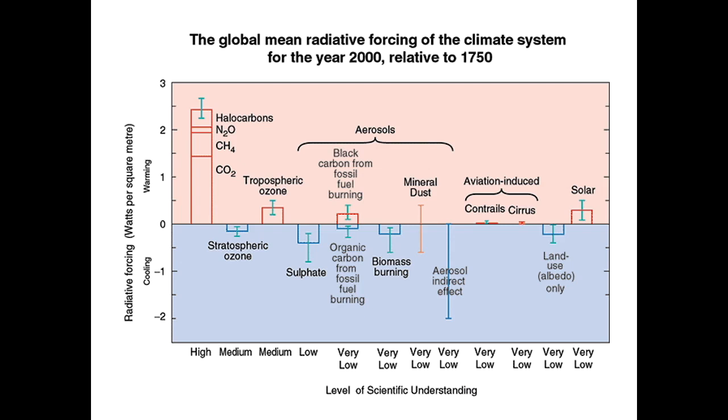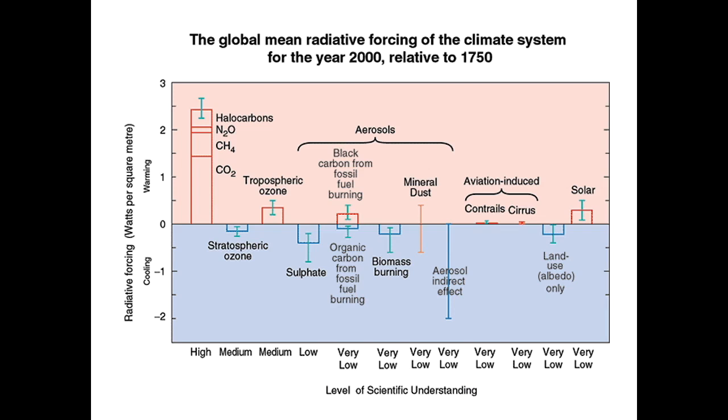So our level of understanding is high, and their effect can be quantified in terms of watt per meter square in the climate to a very accurate level. These greenhouse gases are a very strong contributor. They can affect up to say 2.5 watt per meter square in the net change in radiation.